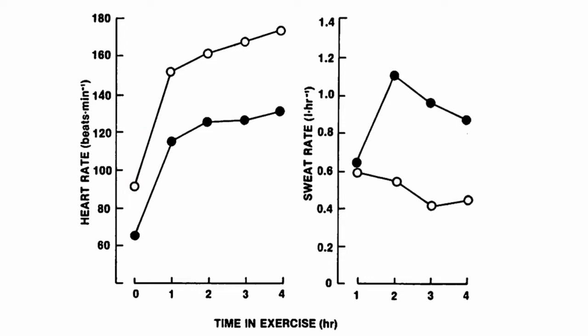One very interesting adaptation for repeated exposure in the heat is that we have significantly lower heart rate responses. And these lower heart rate responses have been associated with one of the major adaptations to repeated heat exposure, which is expansion in plasma volume. So for some reason, our body, when we get repeatedly exposed to heat during exercise, expands plasma volume.